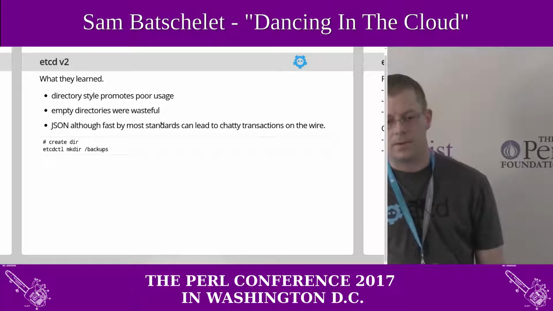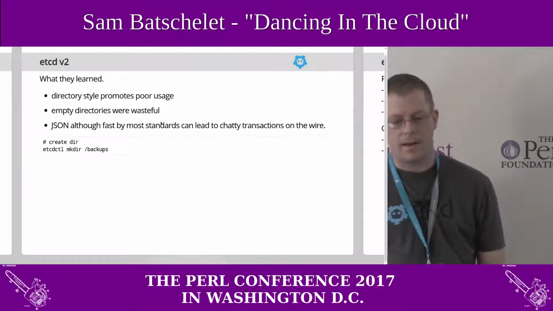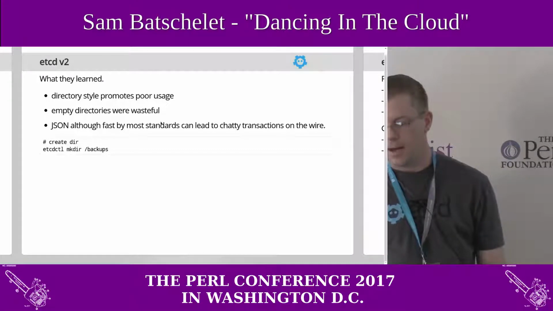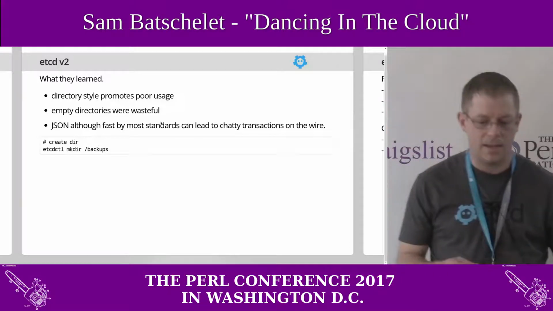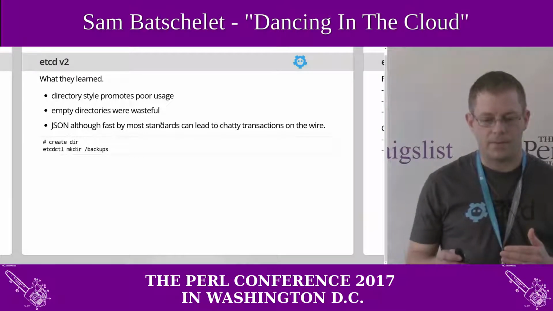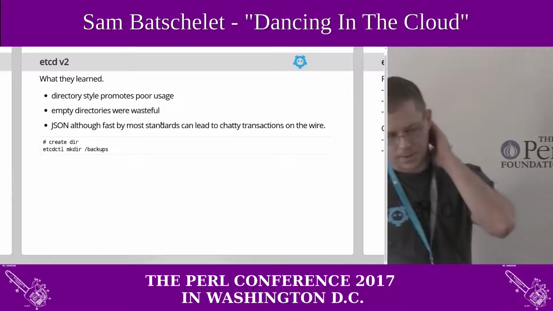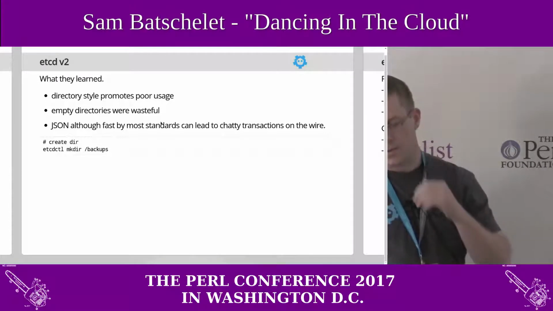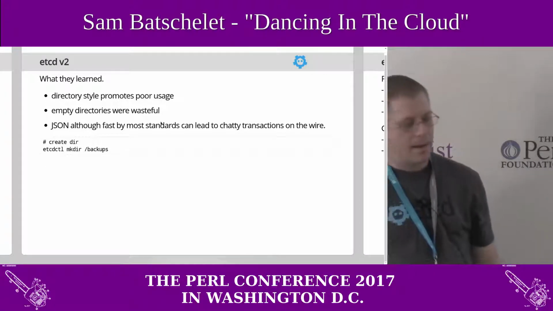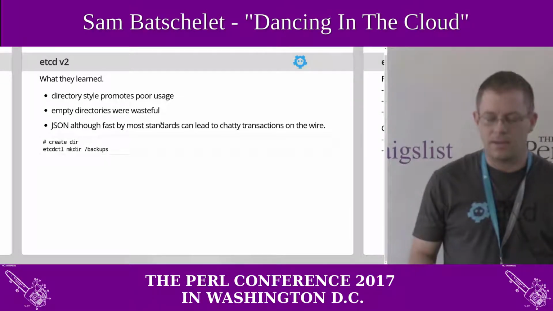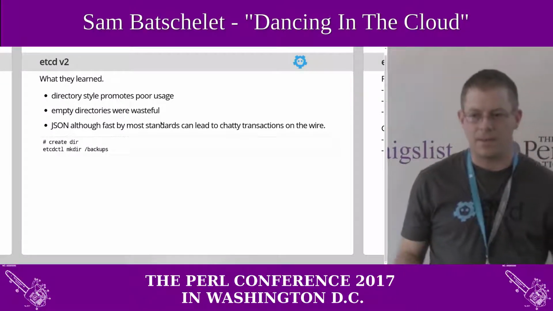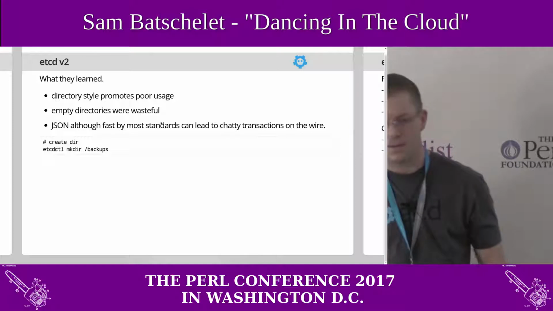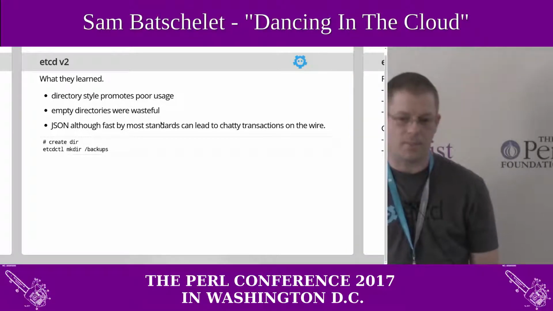Also, in version 2 of the API, it's a KeyValue store, but it allowed you to make directories. So basically, for example, backups. Anytime you facilitate the creation of directories, you can foster poor usage.